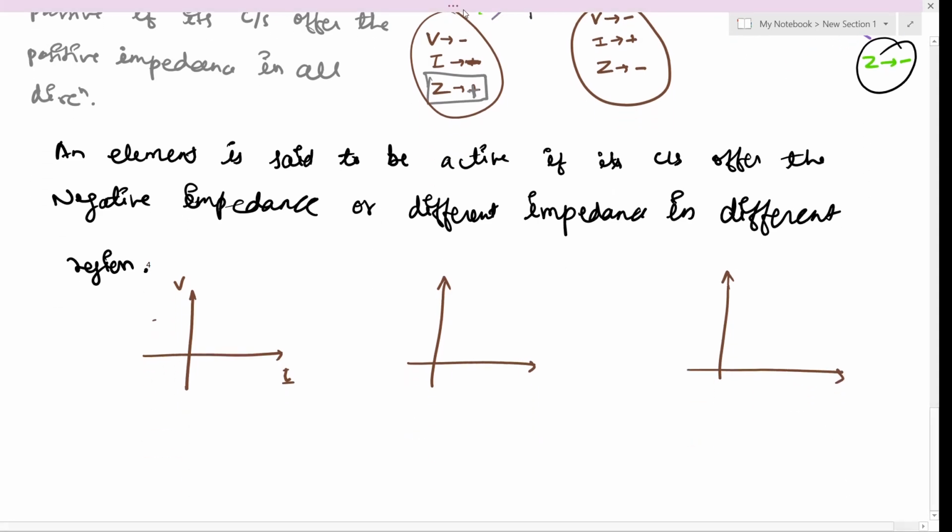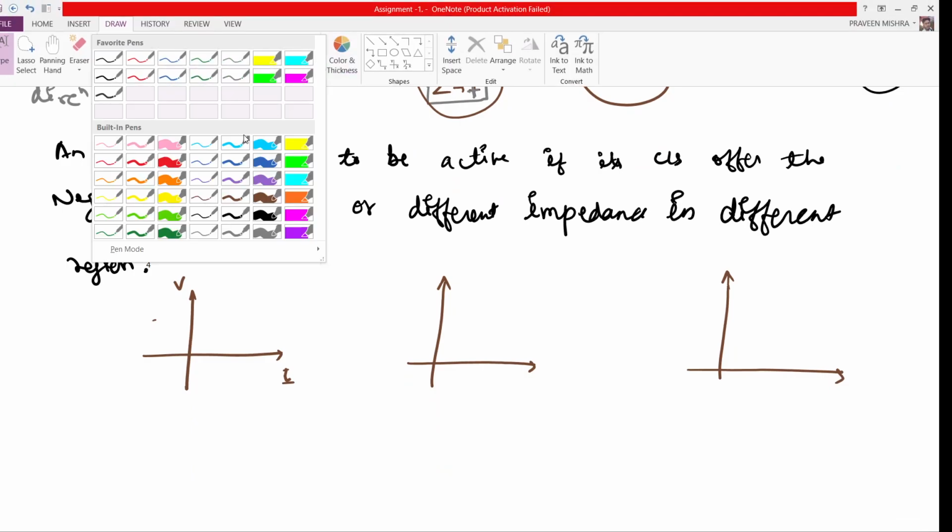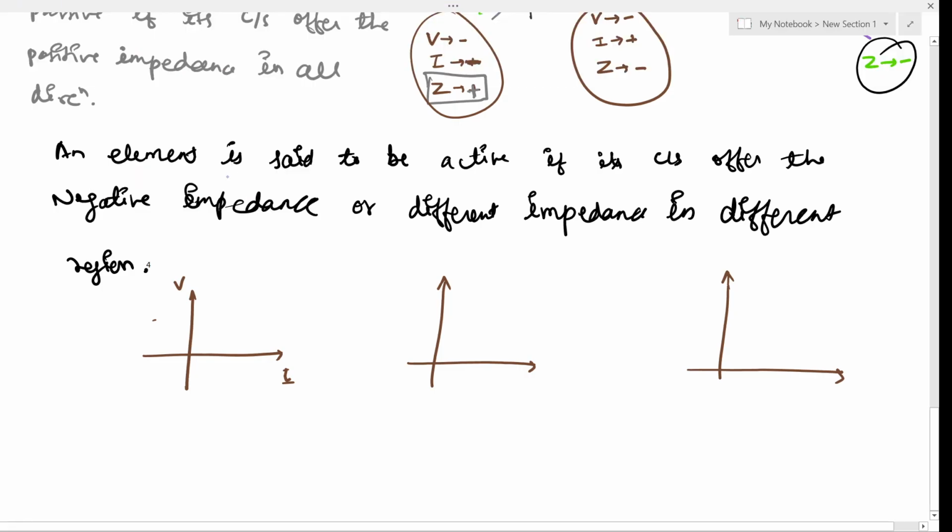If the characteristic is like that, or if it is like that, what will be the condition if it is like that?